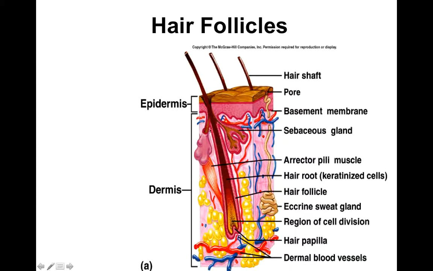The hair root, I should say, the hair root is everything that's embedded within the skin. This is called the hair root. And then the part that extends outside of the epidermis is called the hair shaft. And then here where we have those epidermal cells, that papilla is where the blood vessels are that are going to feed those epidermal cells.